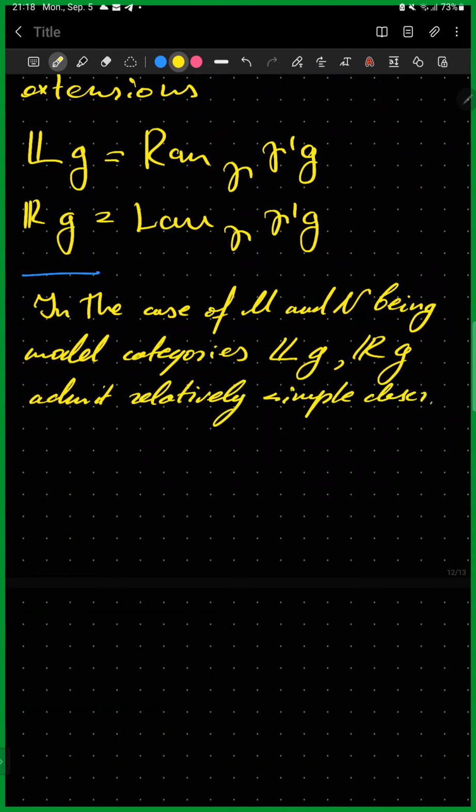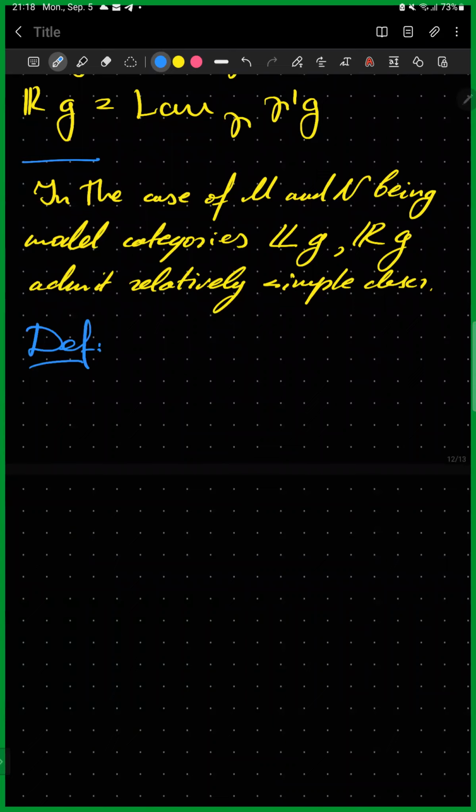So let me define for which functors we have such description. These kinds of functors are called Quillen functors, Quillen adjunctions. So let M and N be model categories.